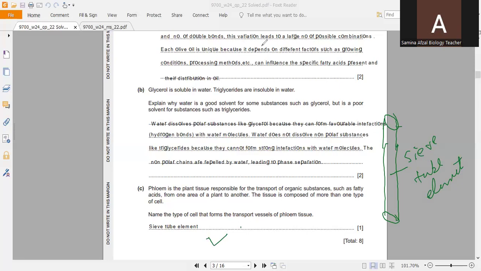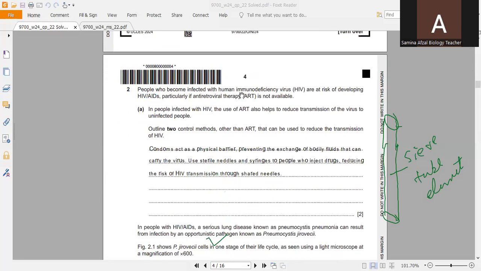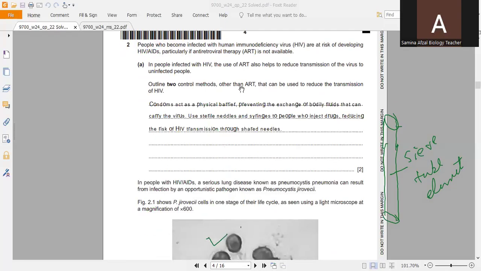Now we are moving towards question number two. Question number two is: people who become infected with human immunodeficiency virus are at risk of developing HIV/AIDS, particularly if antiretroviral therapy, ART, is not available.